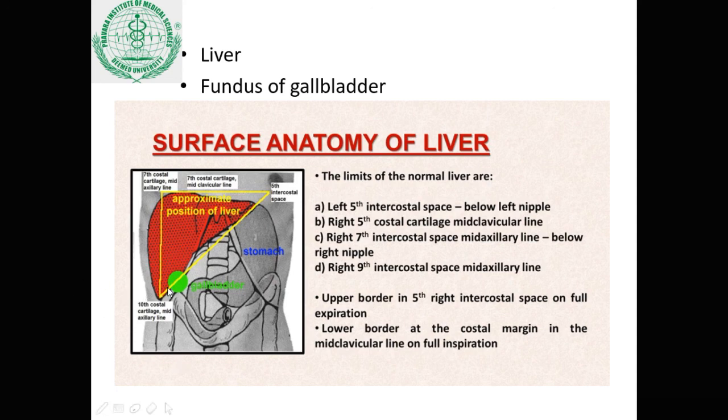Now this border should show a slight notch opposite the tip of the 9th right costal cartilage. This is for the fundus of the gallbladder.